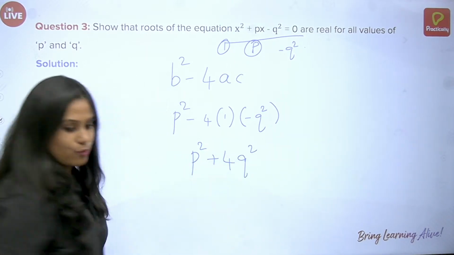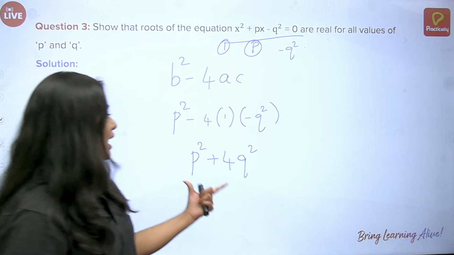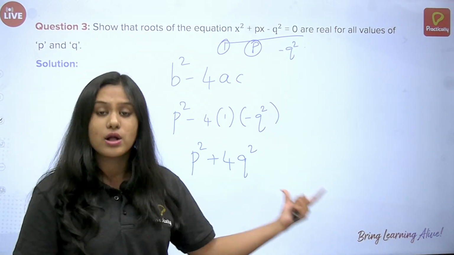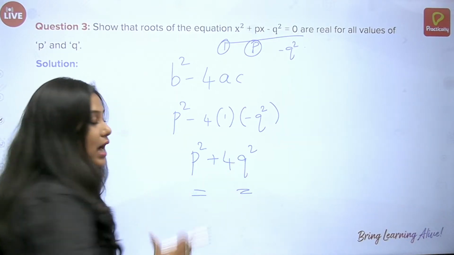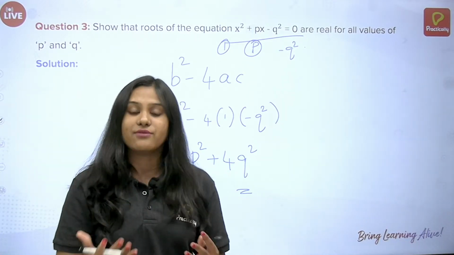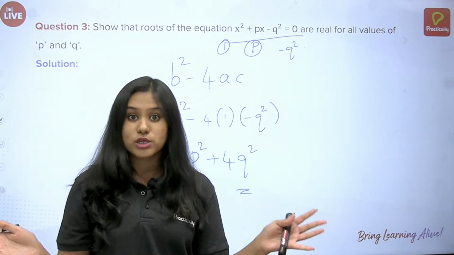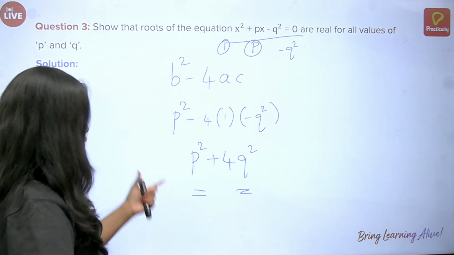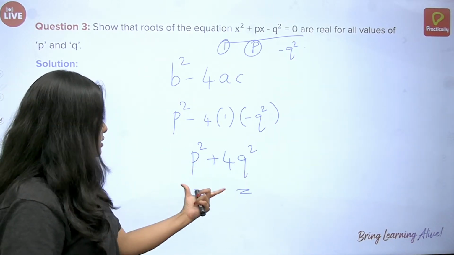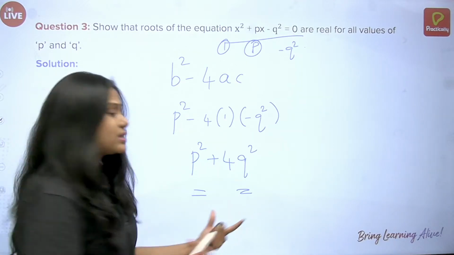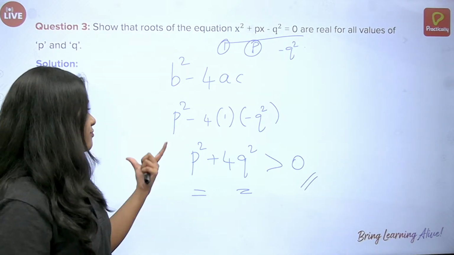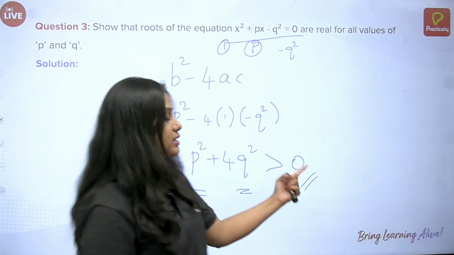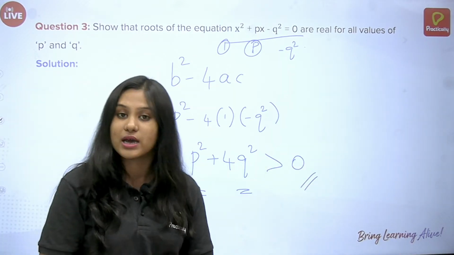Now, how would we conclude that this is greater than 0? Because here you see that both the terms are square terms, and we know that all squares are positive, right? So this will obviously be greater than 0. So if b square minus 4ac is greater than 0, we can say that the roots are real.